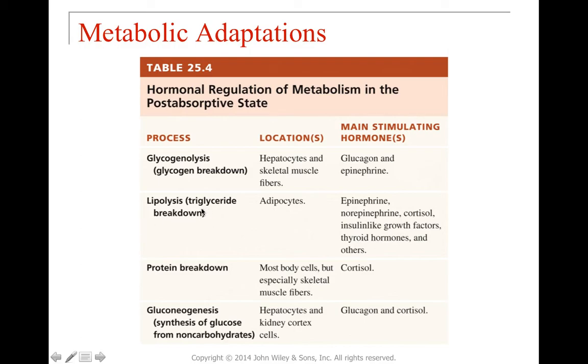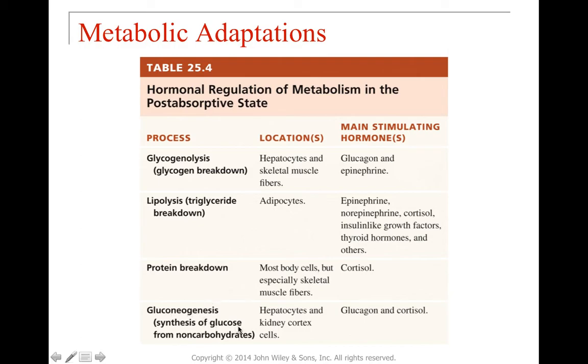Lipolysis is the breakdown of lipids that happens in the adipocytes, which makes sense because that's where the lipids are stored, and it's under the regulation of a lot of hormones you might recognize that are part of fight or flight, like epinephrine, norepinephrine, cortisol, right? And different thyroid hormones as well. And the breakdown of proteins is basically regulated by cortisol, and it happens in almost all of your cells, but particularly in your skeletal muscle fibers. These are tissues that are going to need a lot more fuel, basically.